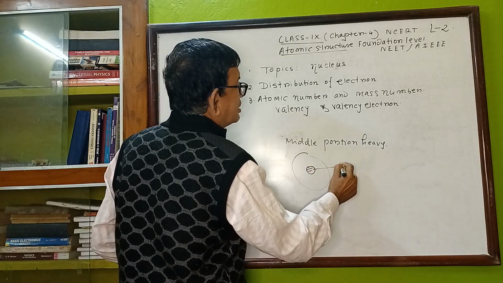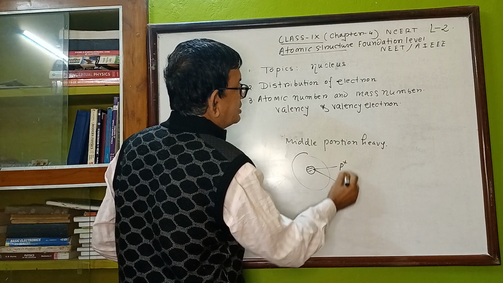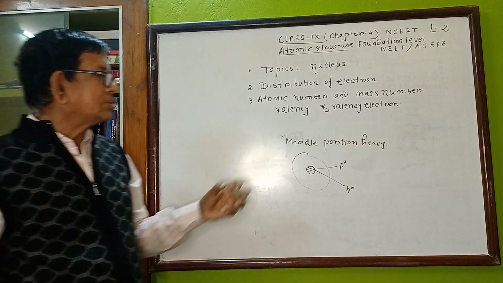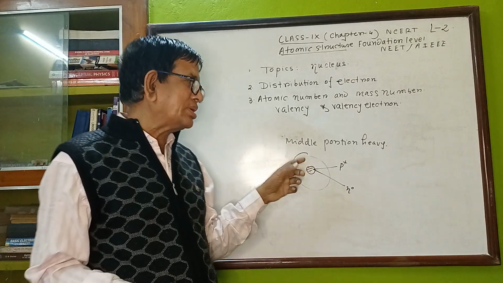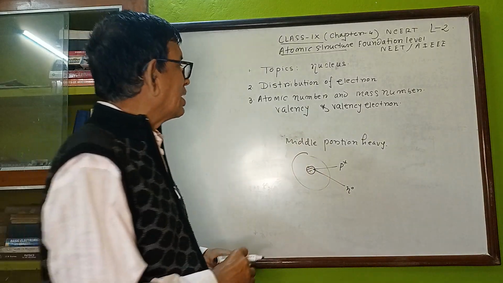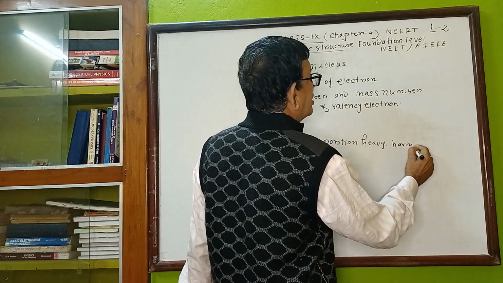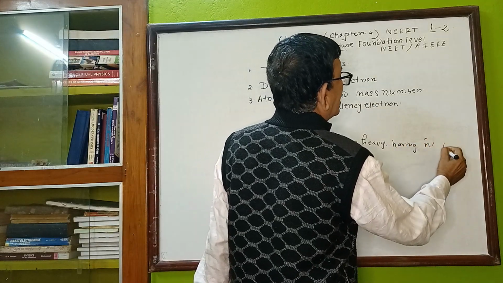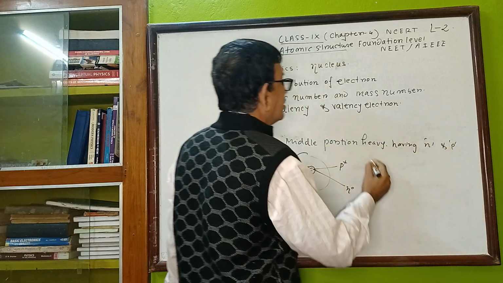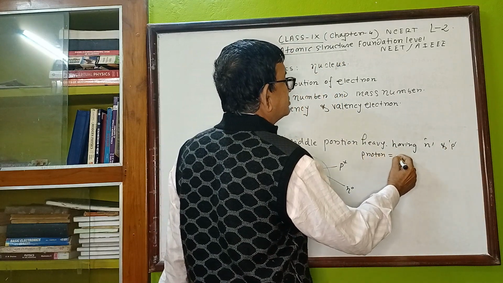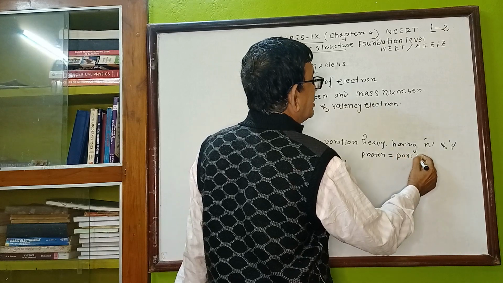This middle portion has two particles, one is proton, other is neutron. Clear? Total mass of the atom is concentrated at the nucleus, having neutron and proton. Proton is positively charged, neutron has no charge.